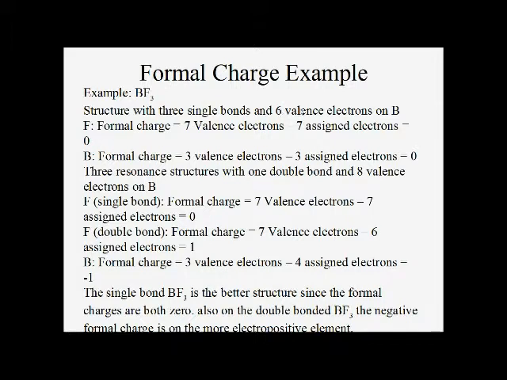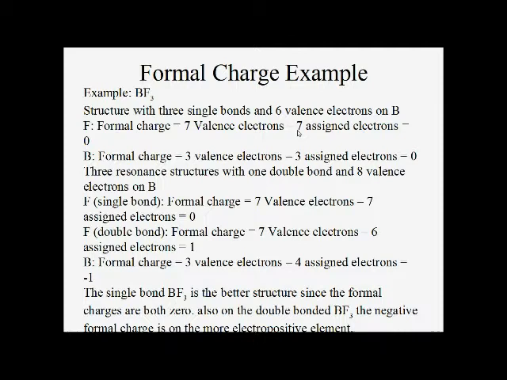So if we have 3 single bonds, for fluorine, we're going to start off with the 7 valence electrons for fluorine.